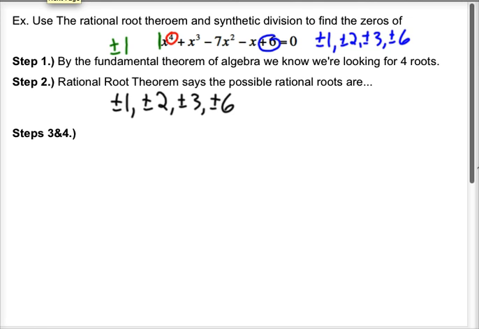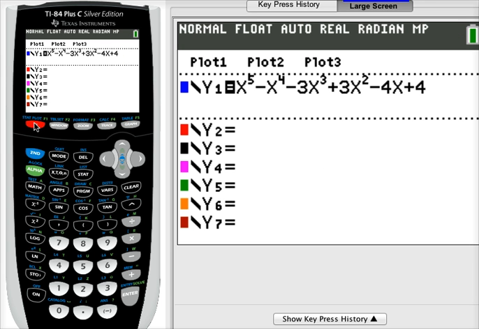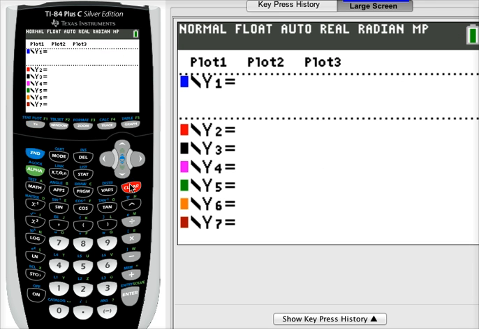Now, I'm going to use my calculator. I'm going to start searching for real zeros. So I'm going to pull up my calculator. Now, I need to go back, clear out the graph that I was just doing, and start fresh.